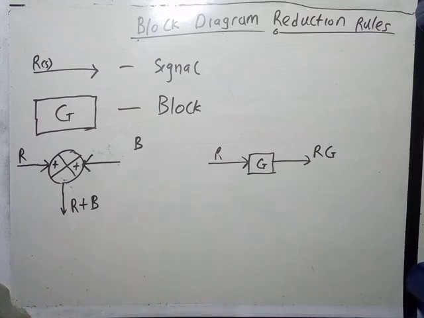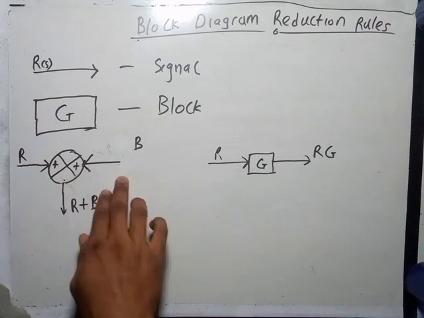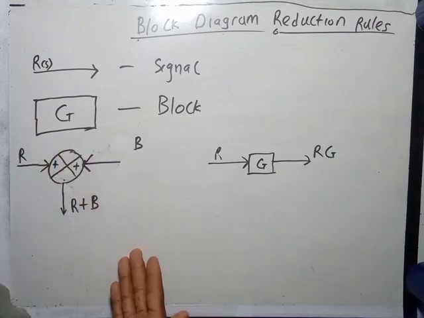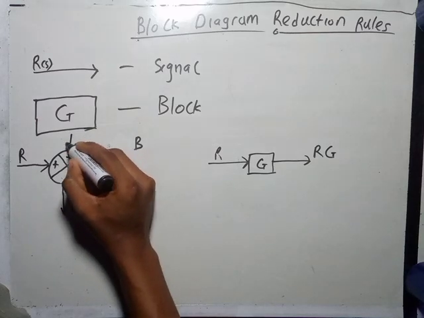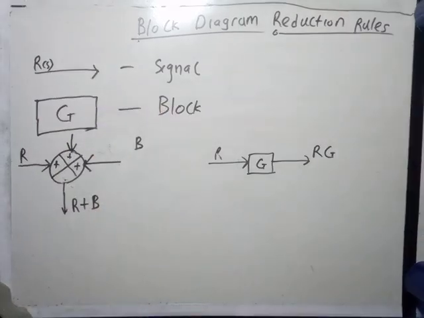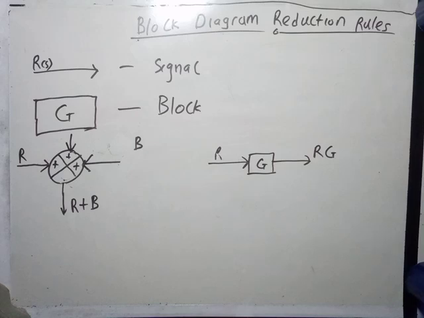I would also like to say that it's not compulsory that there must be 2 going in. It can be 3 going in. And if it is 3, just make sure that your arrow is pointing what? Inwardly.